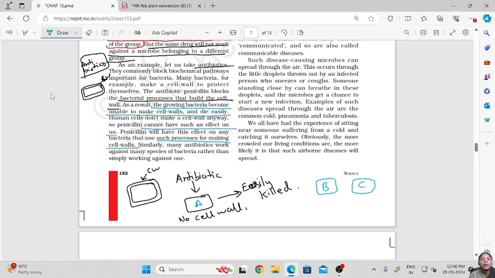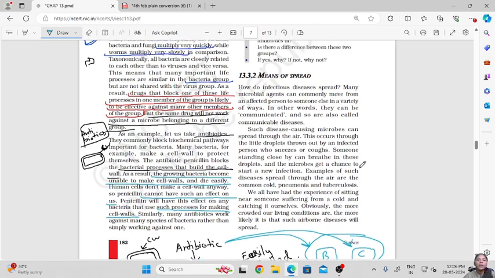These antibiotics could also be useful in blocking the processes of these organisms too. So similarly, many antibiotics work against many species of bacteria rather than simply working against one.